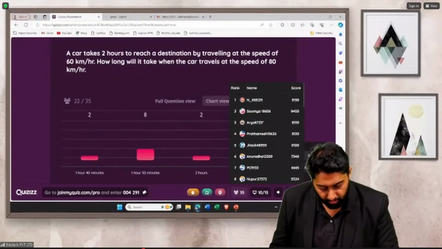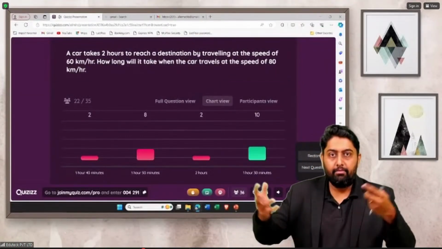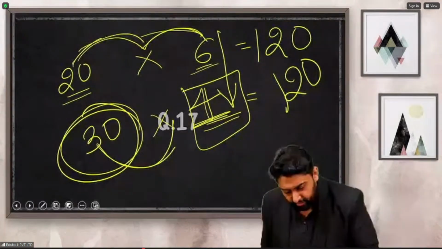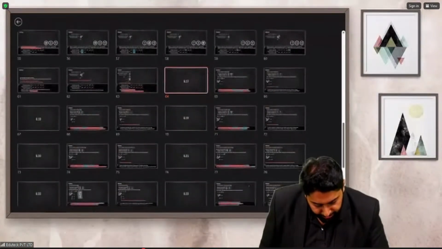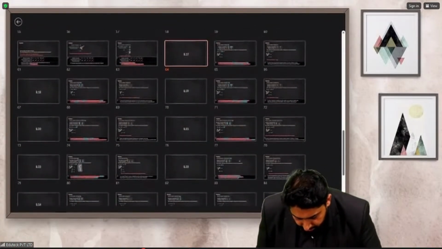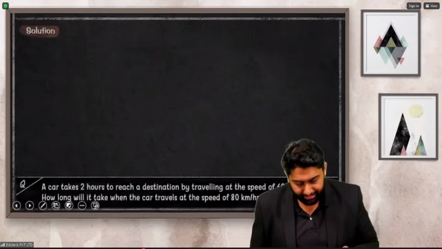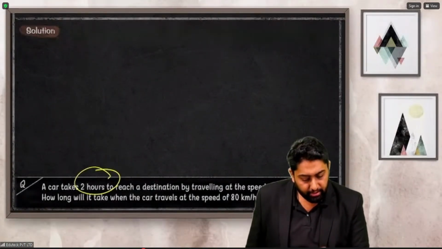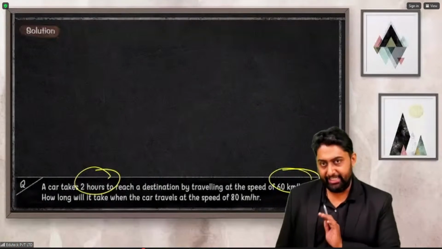So there is a change now which has happened. Okay. Now, because there was some confusion, maybe आपको confusion हुआ रहेगा इस question के लिए. So I'll just take care of this question by giving you a small explanation. Is that okay if I do it? Yes, bachalo? Okay, great. So what was the question? A car takes 2 hours to travel to a destination with the speed of 60.